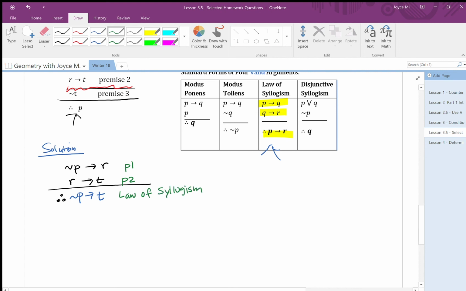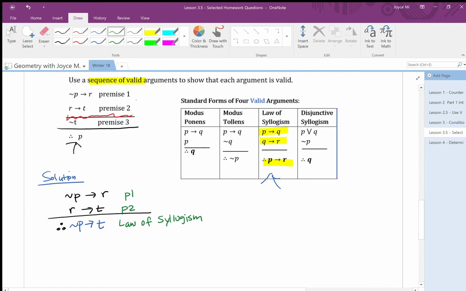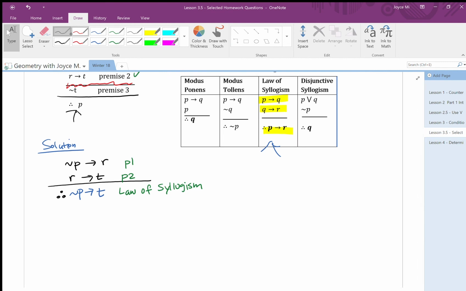Now, notice that I used both premises already, but I haven't used premise 3. Now I'm going to copy premise 3 down. I'm using my conclusion combined with premise 3 to see what kind of conclusion I come up with. So I'll write down premise 3: negation of T, that's given to me by premise 3.